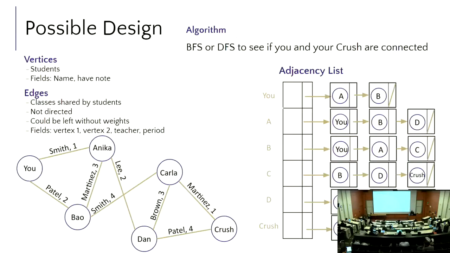Because the question is, I want to see how the note gets from my hands in period 1 to my crush's hands at some later period. So I want the graph to cover multiple periods. And the other reason I use this example too is, notice I can store whatever I want in the edges. So in these cases, I stored both the period number and the name of the instructor.